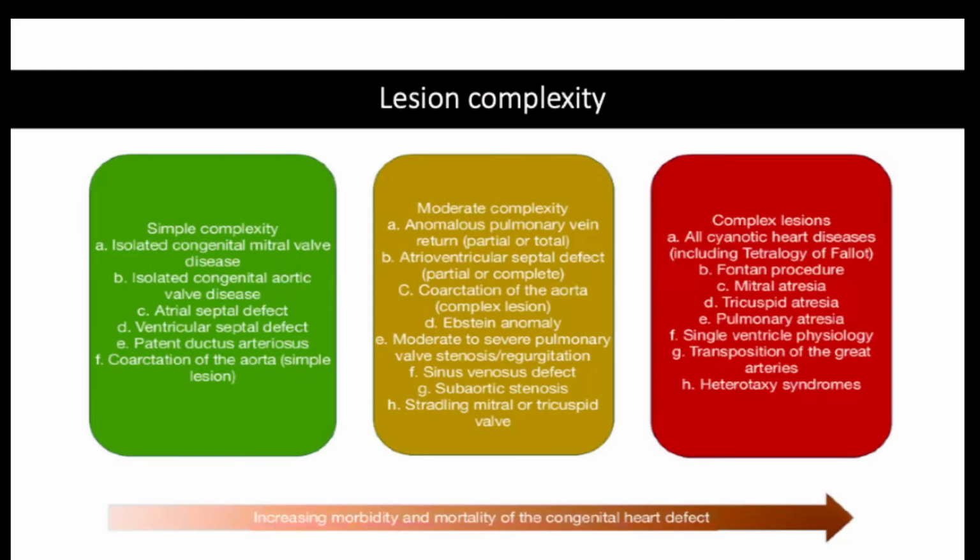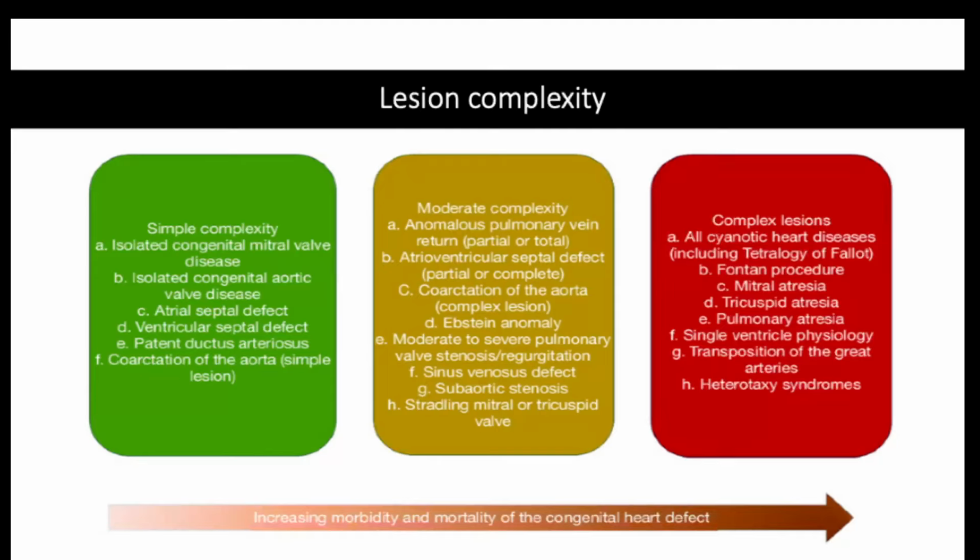So when we talk about lesion complexity, we talk about simple, moderate, and complex, okay? Obviously, as the colors show, green, yellow, and red in terms of their complexity, their difficulty, and their expected risk of morbidity and mortality.